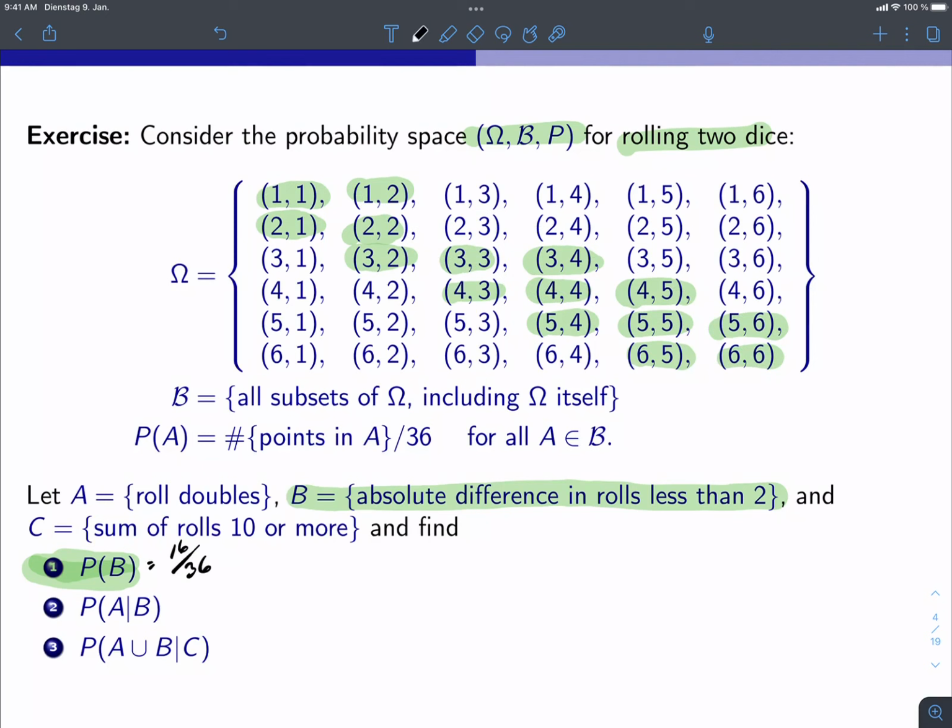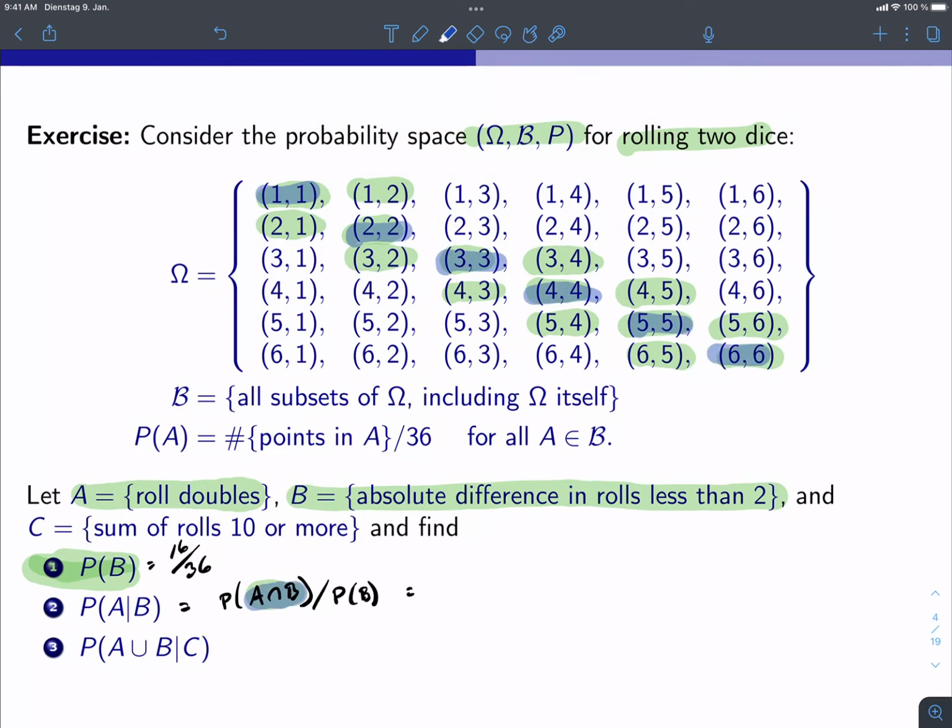And now probability of A given B. I need to compute this as probability A intersect B divided by probability of B. So A intersect B. A is that we roll doubles. So rolling doubles is all of these.